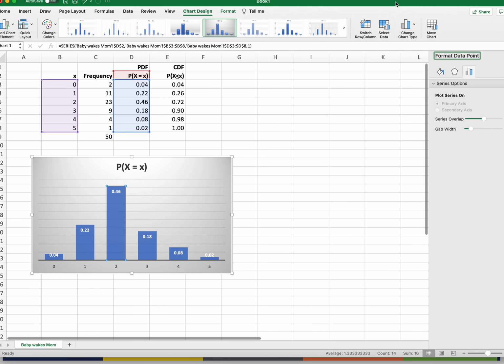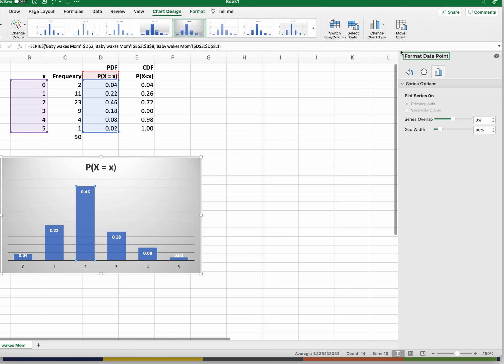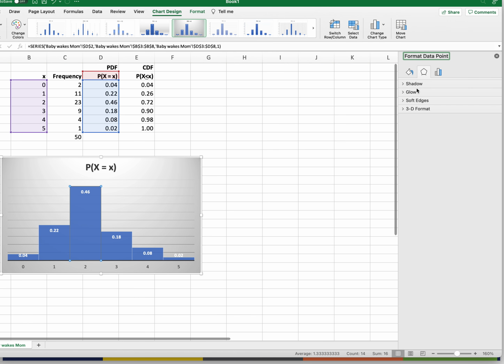I get this part where I want to actually reduce the gap width to 0, and I want to make the edges, the borders, a solid line, and I want them to be white, and I don't want any transparency, and maybe I want the width to be a little bit bigger.